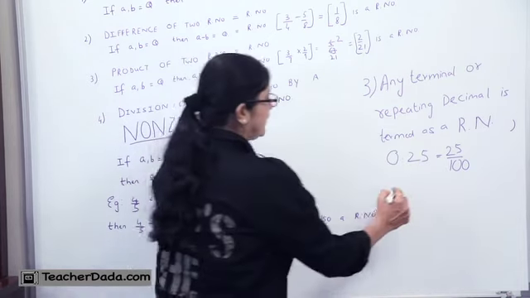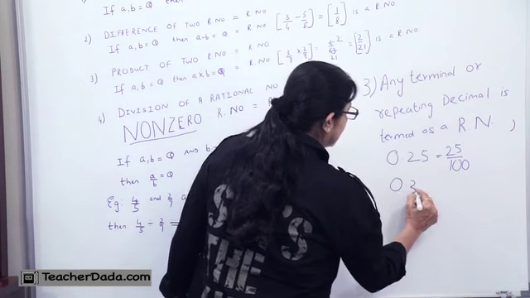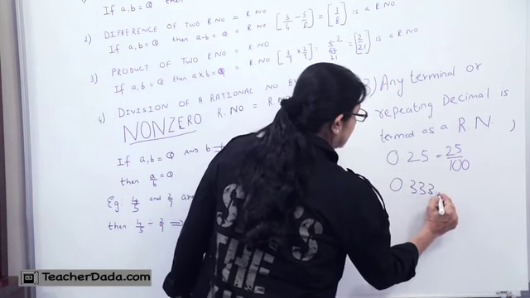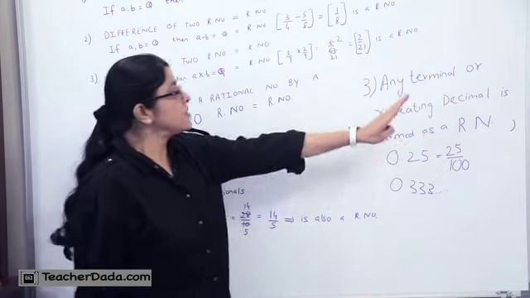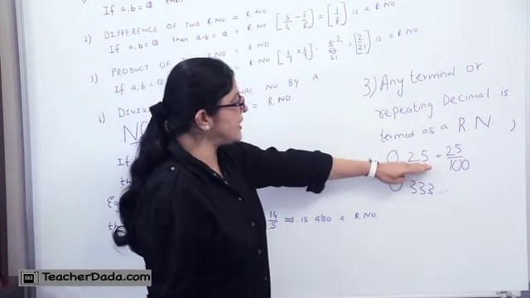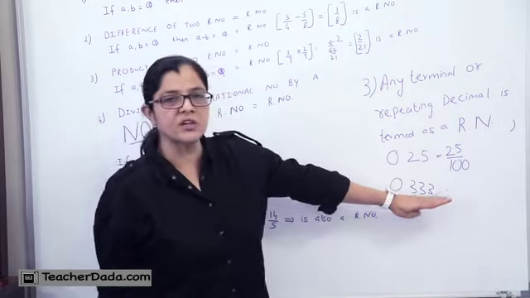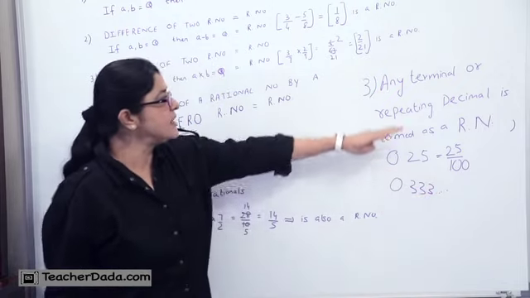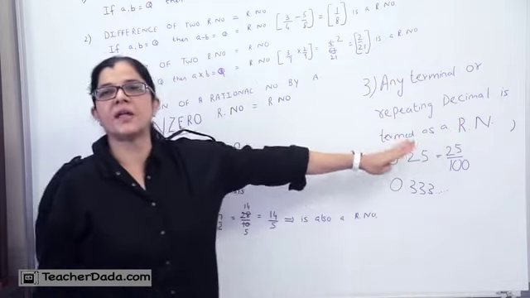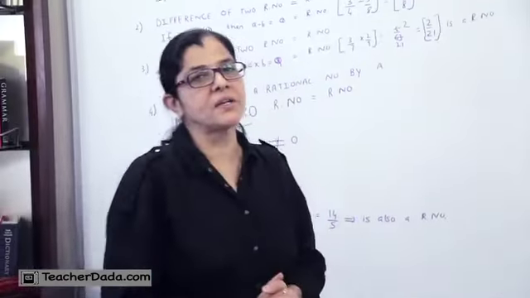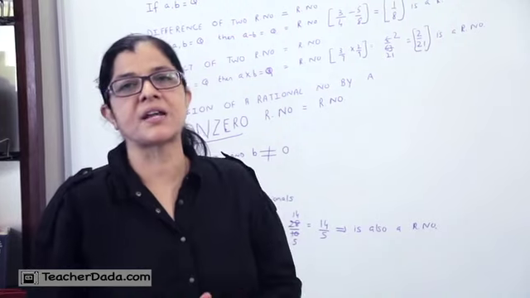Whereas if I write 0.333, it's a non-terminating decimal. So 0.25 is a terminating decimal, 0.333 is a non-terminating decimal. That means any terminal or repeating decimal is also termed as a rational number. I am sure that you must have understood the term rational number.